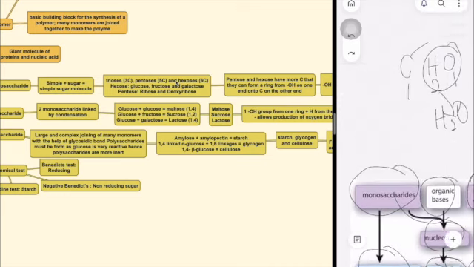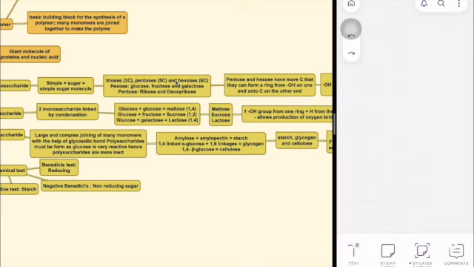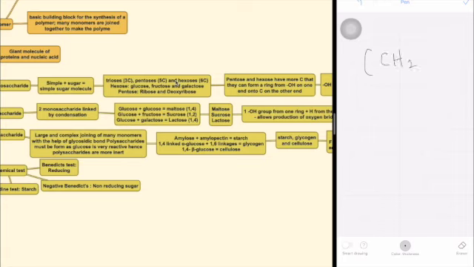One thing that I can explain here is that the general formula for monosaccharides is (CH2O)n, where n is the number of carbon atoms. For example, if they would like to know the general formula for hexose, it will be (CH2O)6.